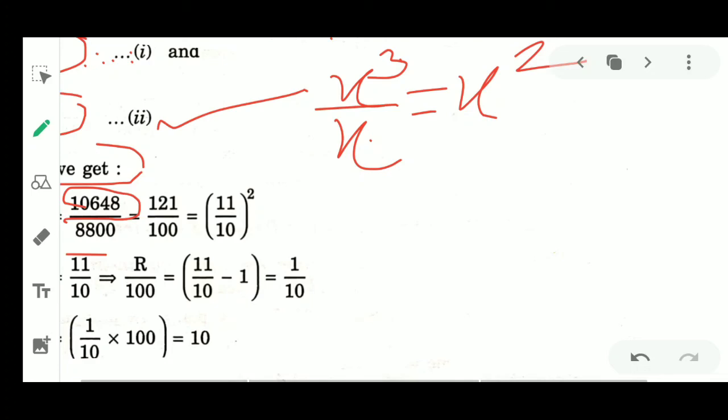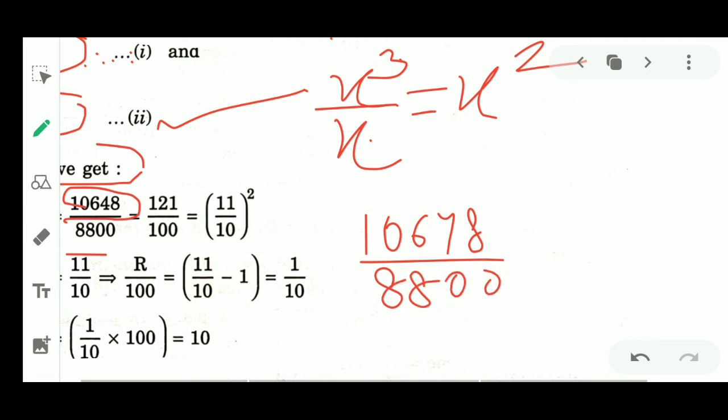Now divide this number 10,648 by 8,800. Now divide this by 8. This will be 1,100 and this will be 1,331. Now again divide this number by 11.